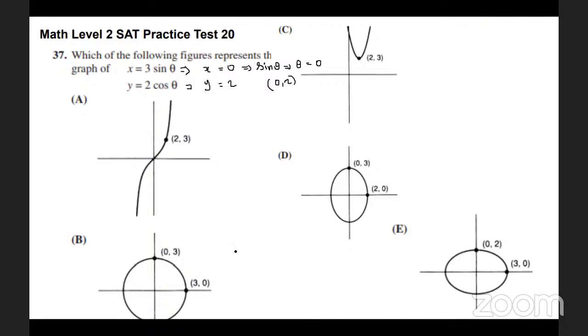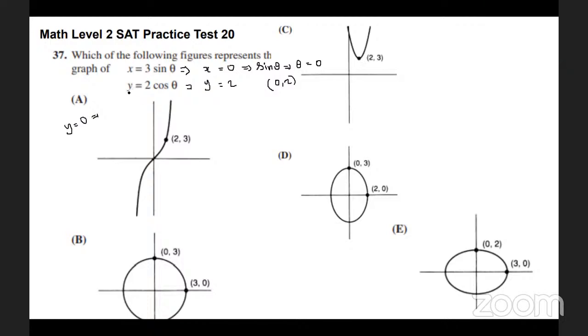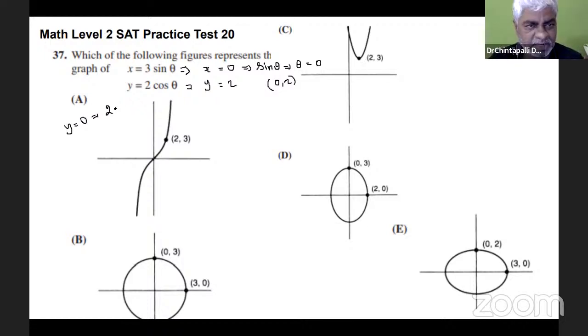And one more example. Put y is equal to 0. What happens when you put y is equal to 0? 0 equals 2 times cos theta. Then cos theta is equal to 0. Then theta is equal to 90 degrees.